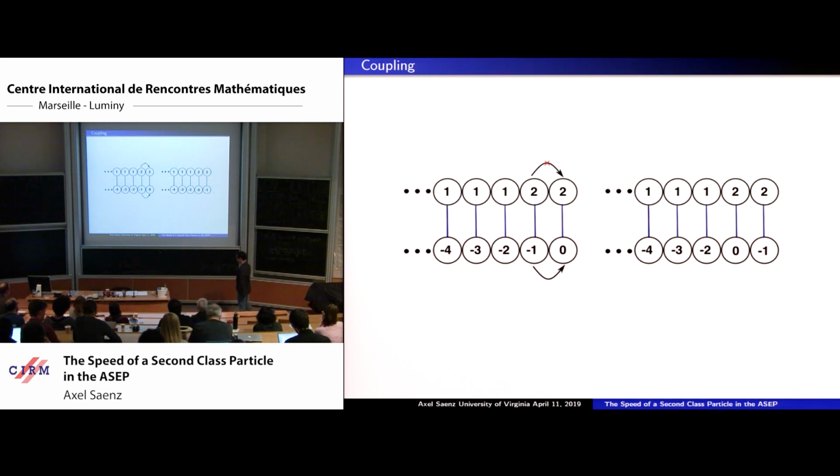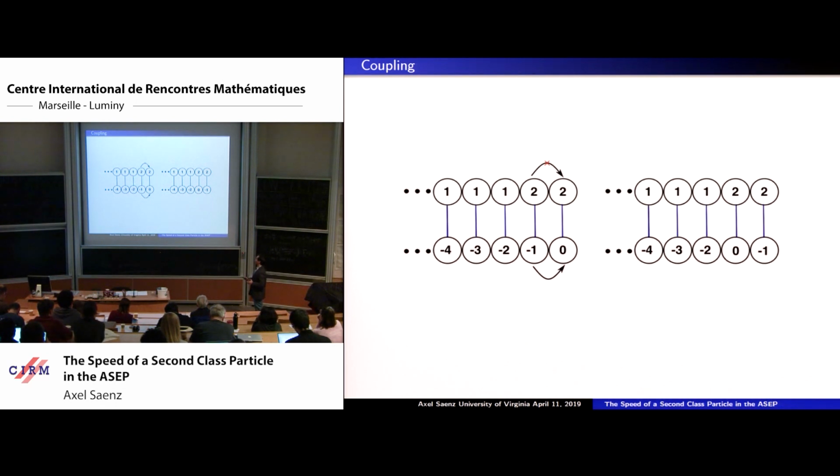And so this is going to be our coupling. And I have about 5 minutes. At the top of this figure, we have the ASEP process that we're interested in. And at the bottom, we have the multicolor ASEP, which would extend on both sides.